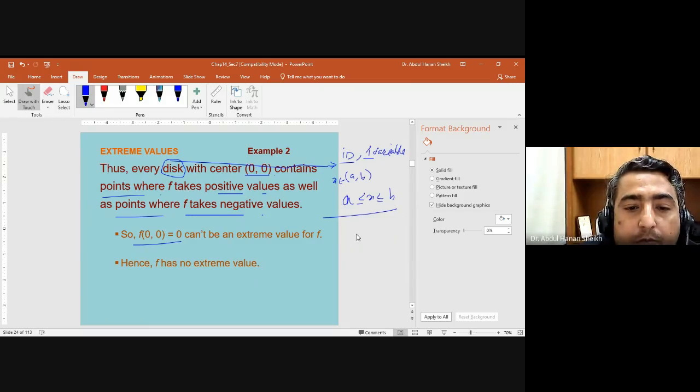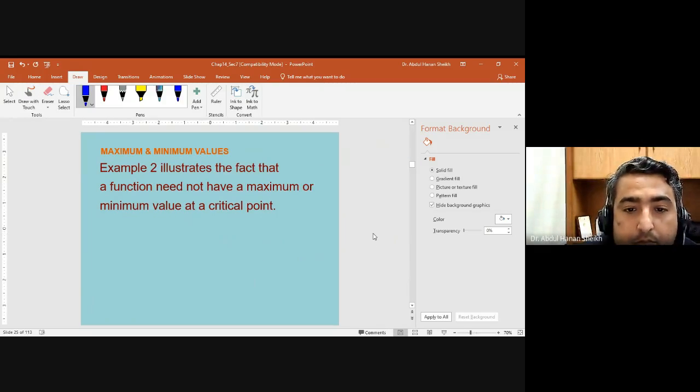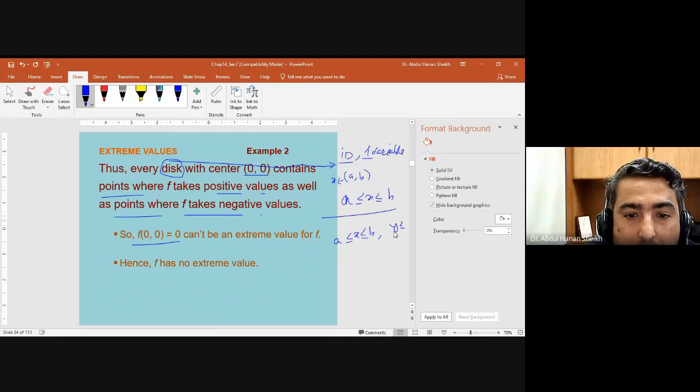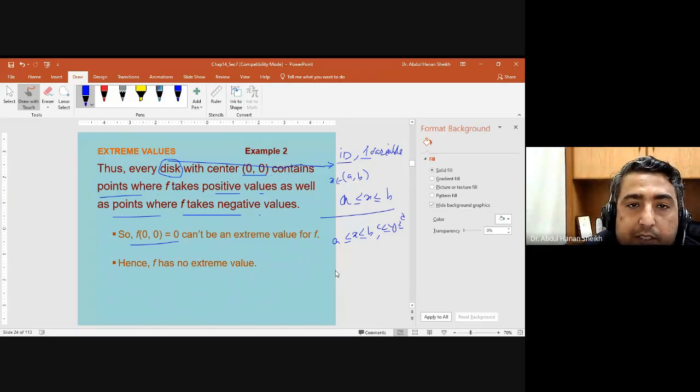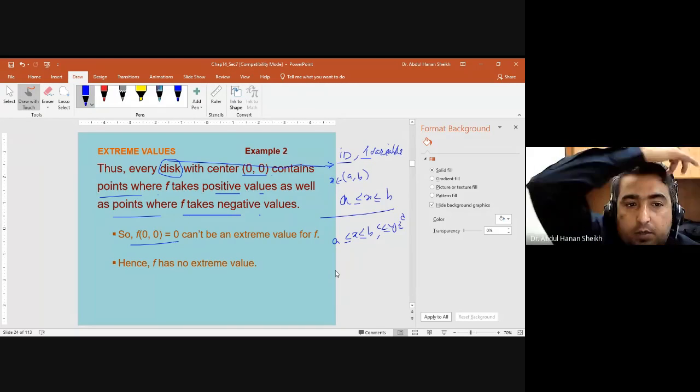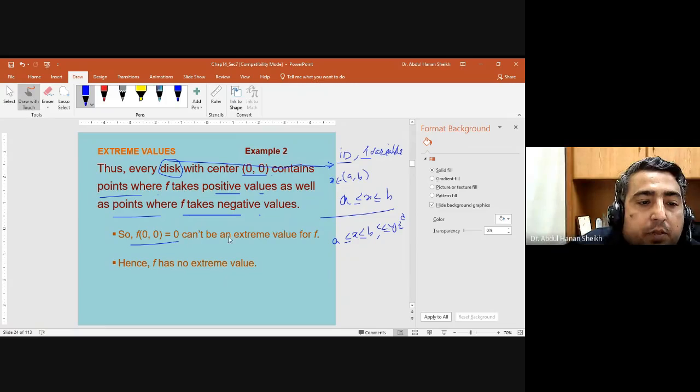But in 2D we say x is between a and b, and y is between c and d. Okay, so this is a disk, the round disk. So this is not a minimum or maximum because the function attains negative, and also positive values, and this is the 0 value. So f has no extreme value at this point.